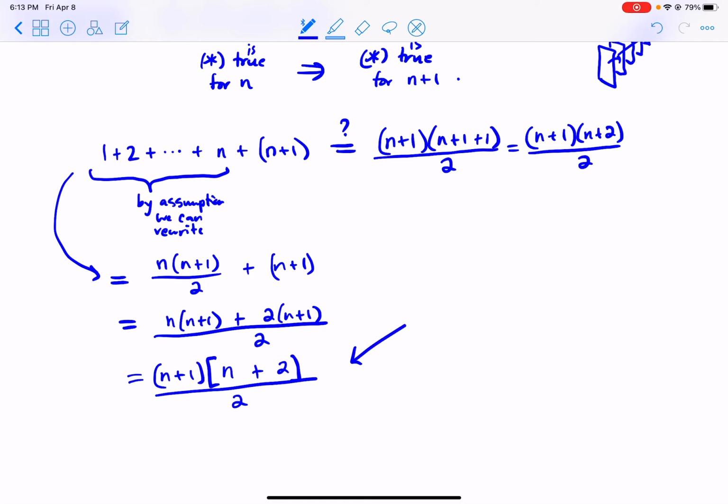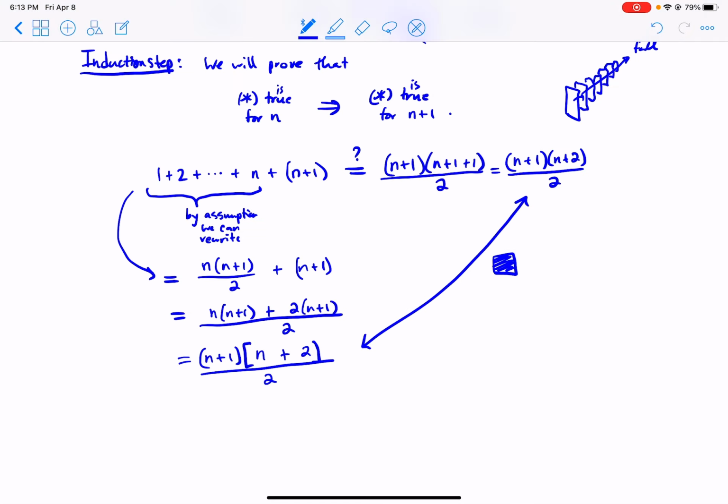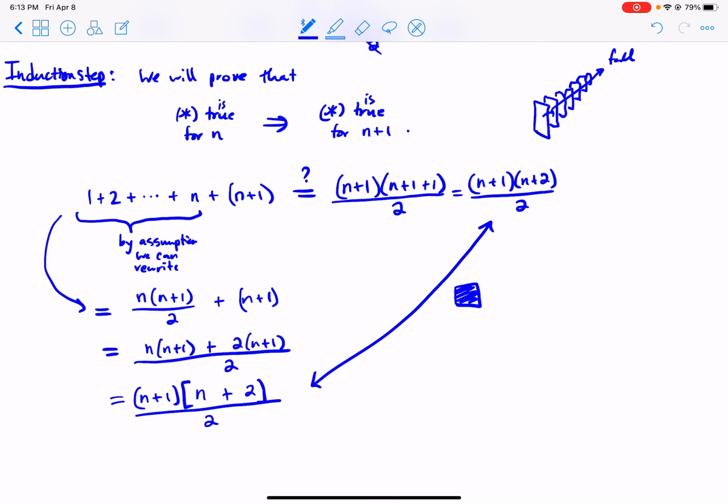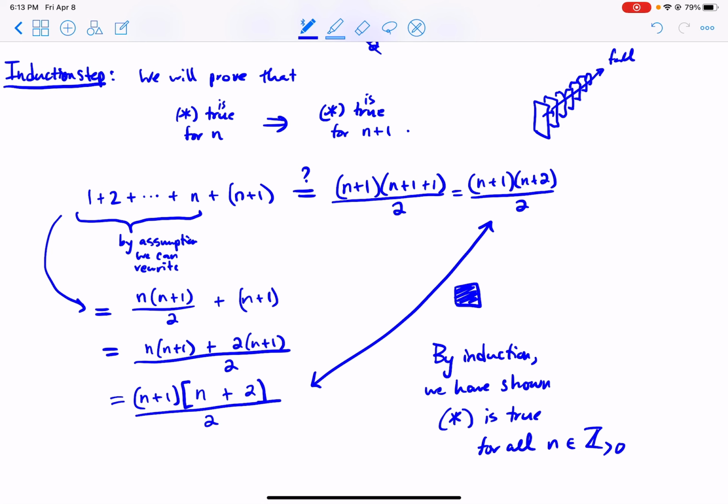And look at what we have. So that's great. So by induction, we have shown star is true for all n, a positive integer.